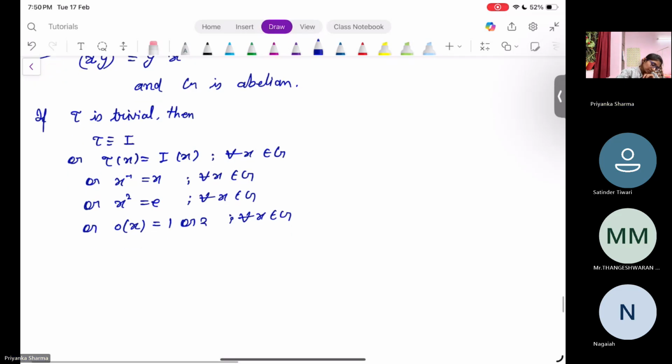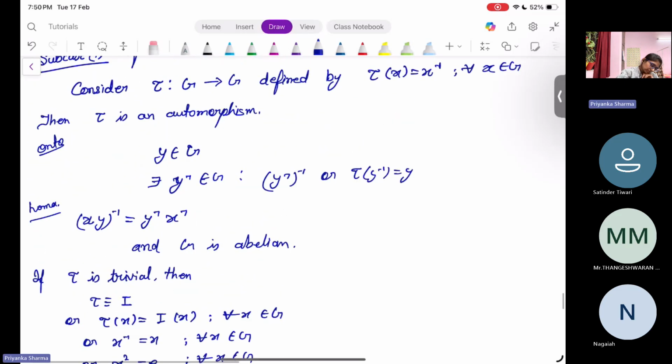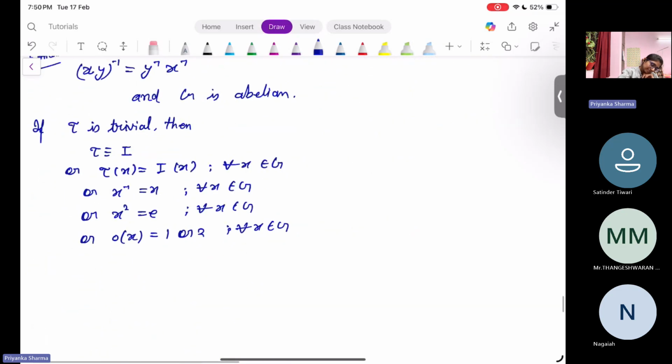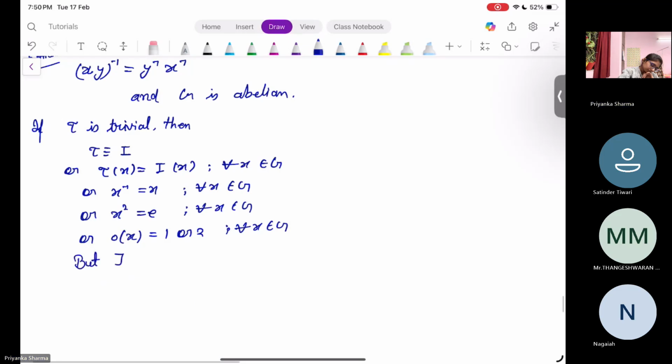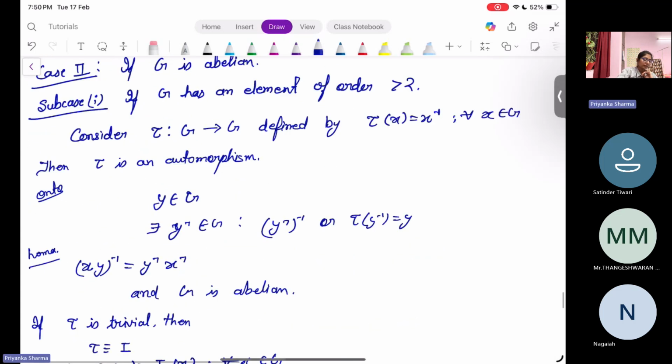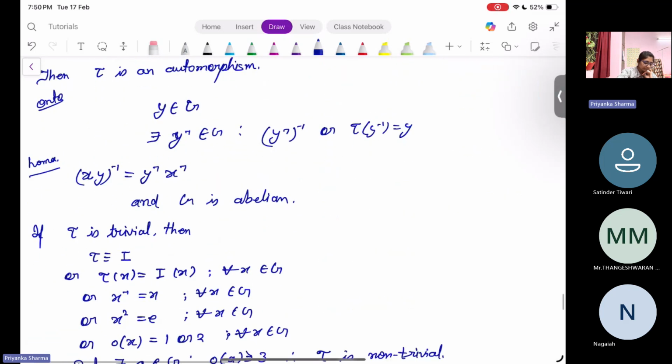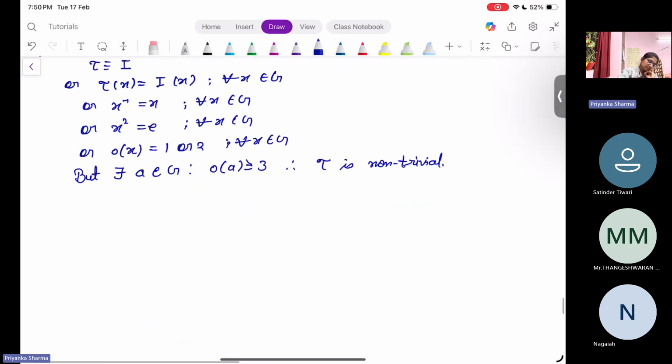Okay. But we consider that G has an element of order greater than 2. It means this is a contradiction. So tau is non-trivial. Okay. So if G is an abelian group and it has an element of order greater than 2, then again we can have a non-trivial automorphism.